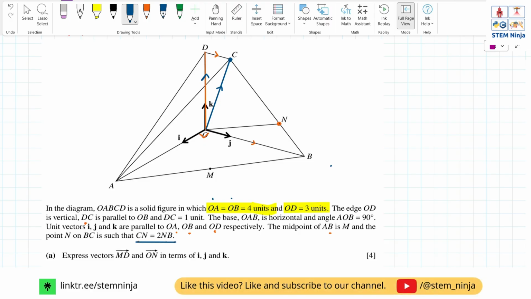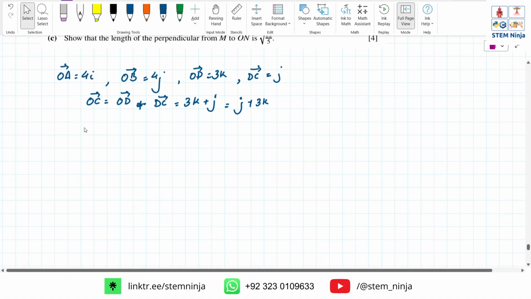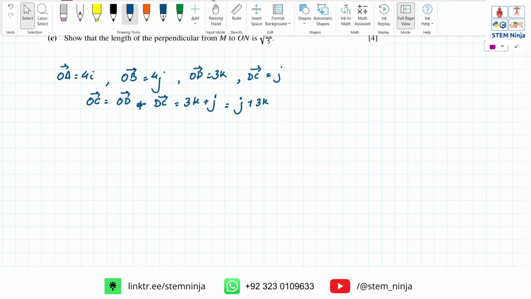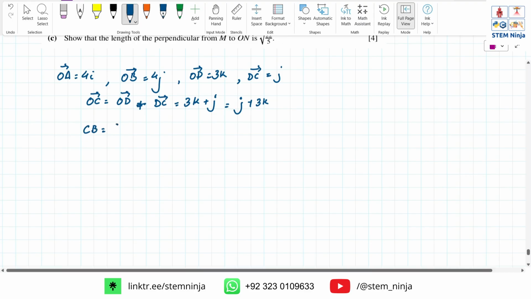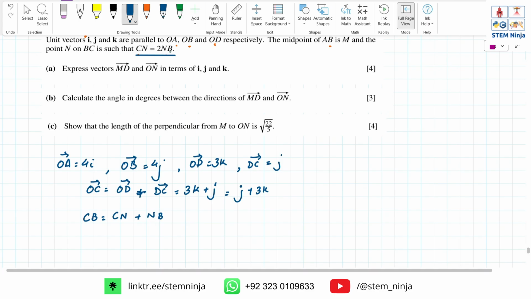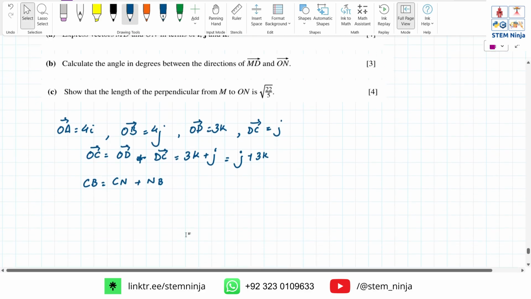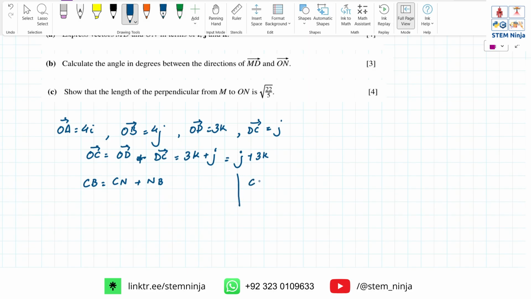Similarly, we have CN is equal to 2NB. So this means that CB can be broken into CN and NB. They have given us that CN is equal to 2 times NB, or NB is half of CN. Either way you can decode this information. So CB is CN plus NB.